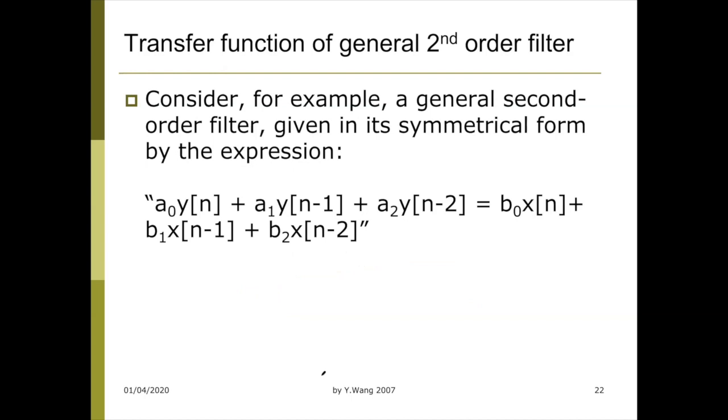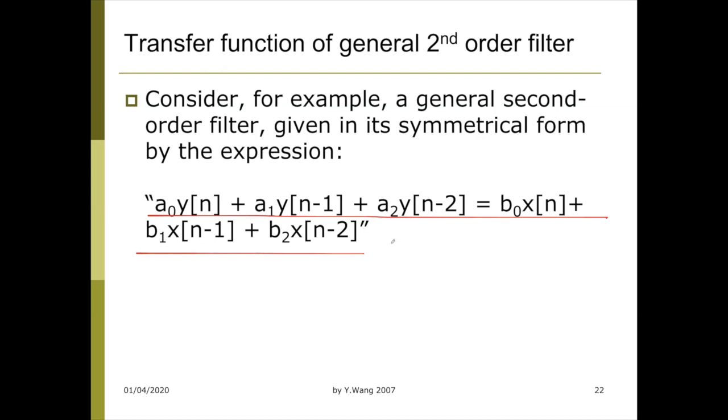Then in a practical, mathematical way, we can convert this general form of a digital filter into a difference equation. So you can say we have a general y[n-1], y[n-2], and a general form of x[n-1], x[n-2].